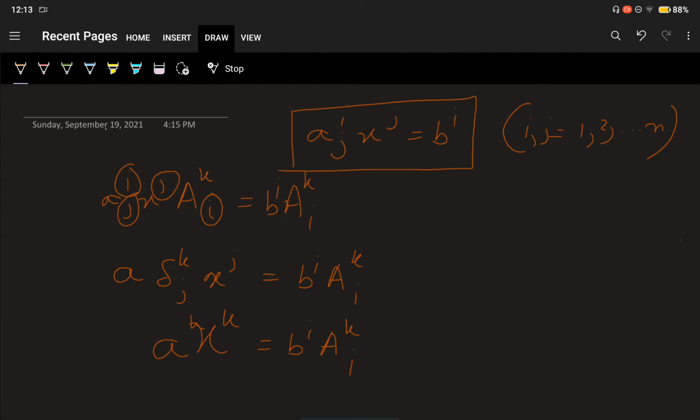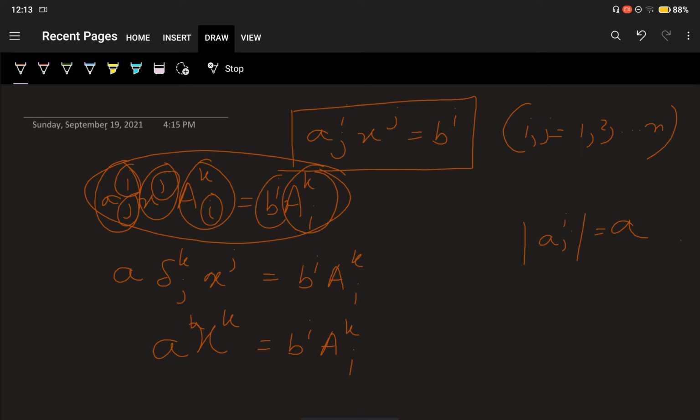Let the determinant of aij be A, and the cofactor of aij be denoted Aji, multiplying by Aki. So this is the cofactor, this is the matrix, this is the coordinate. Now the value from 1 to n, and xk can be written as bi Aki divided by A, where A is not equal to 0. So that's it.